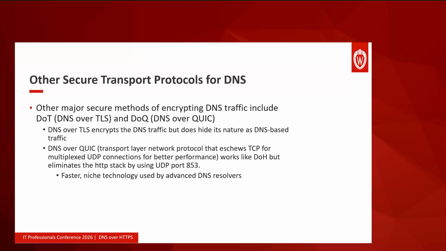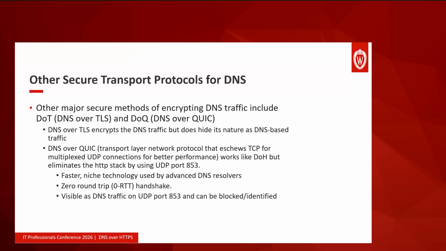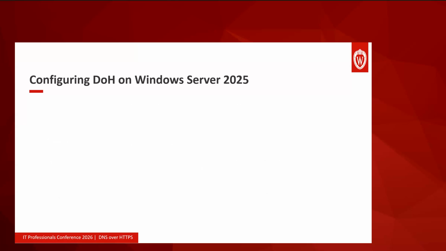They will sometimes say something like, QUIC protocol handshake error. If you refresh a page too many times, you'll get to see that because some of the UDP packets will get dropped. It's a very niche technology used by Cloudflare, Google, and other enterprisey type places. It has a 0 round trip handshake, so there's no back and forth. It's visible as DNS traffic on UDP port 853 and can be very easily blocked and identified.